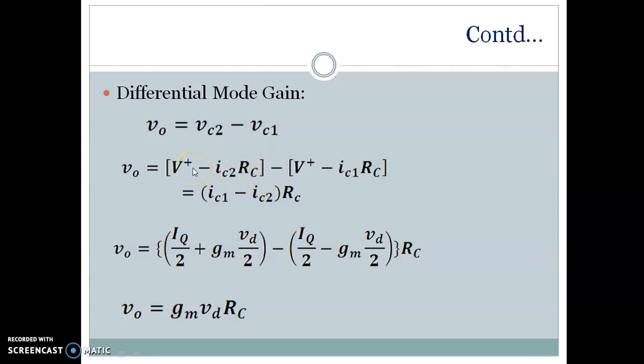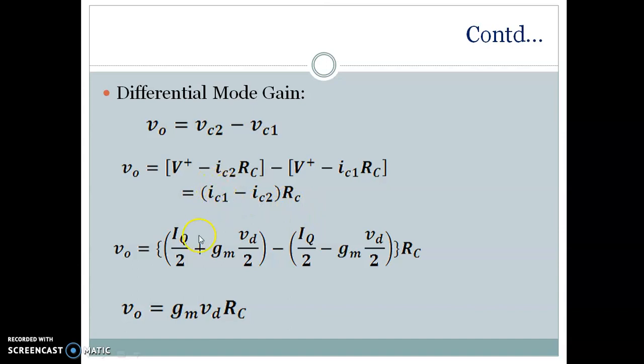So it is V plus minus IC2 into RC, minus of V plus minus IC1 into RC. When we take this negative sign inside, V plus will get cancelled. You get it as IC1 minus IC2 into RC.